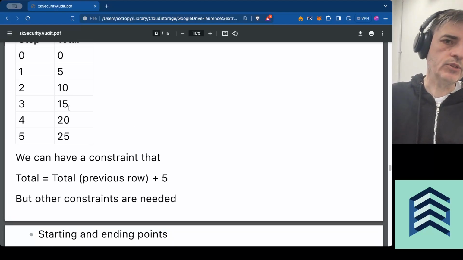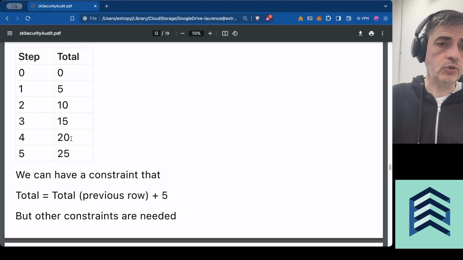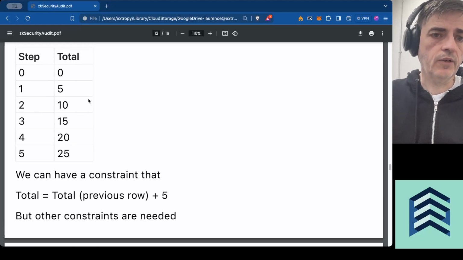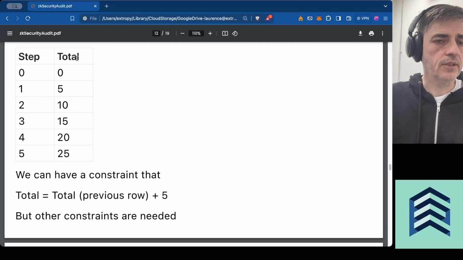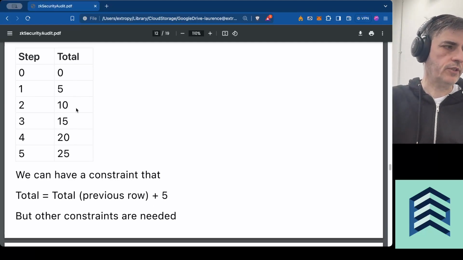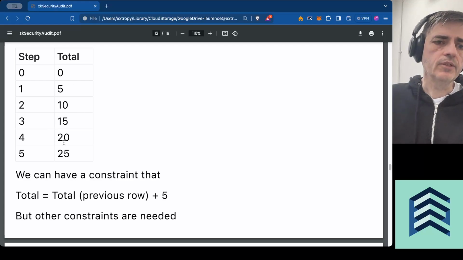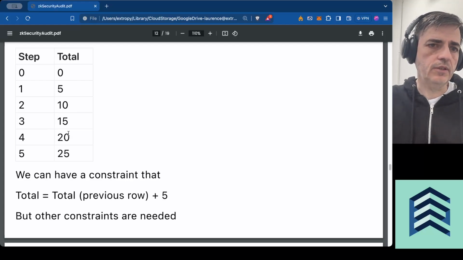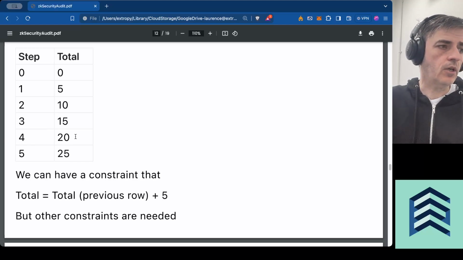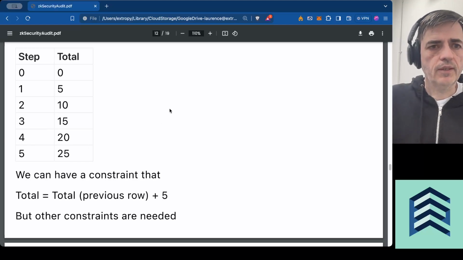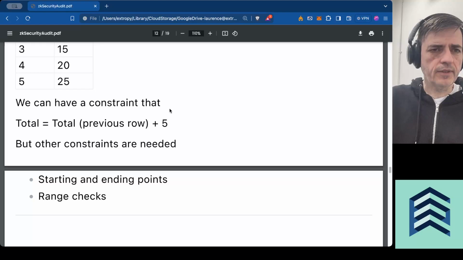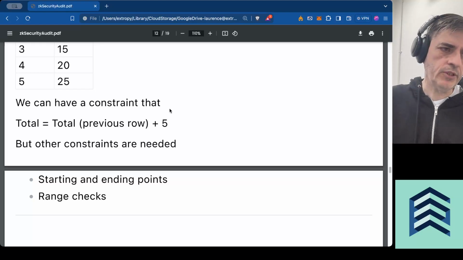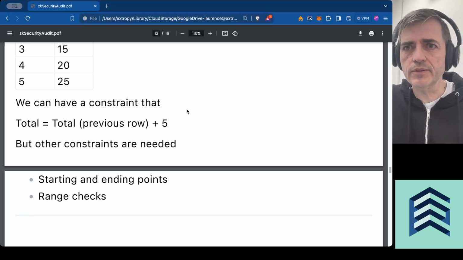And then also you could have range checks to make sure that when we're adding these numbers, we haven't got overflow or underflow. Overflow, I guess, because we're just adding. So you would be checking that the values that you are adding are within the correct range. All of these are extra things that application developers may not initially think of, but which are very important.